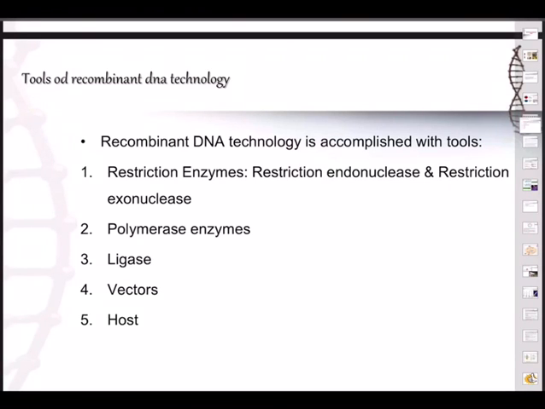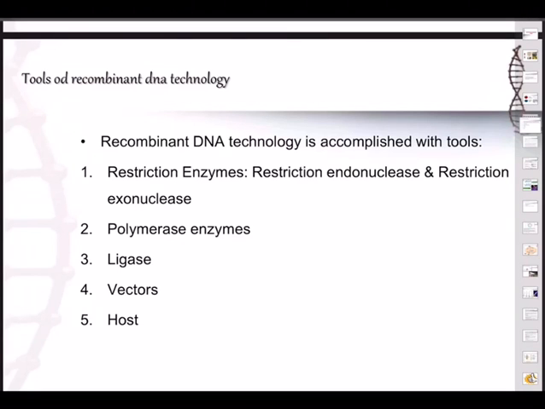Second, polymerase enzyme. Polymerase, that is, monomers are made to join together and produce polymers. Once the DNA monomer, the desired gene, is formed, the desired gene is to be increased in numbers. So polymerization is required. Then ligase: the desired gene is to be attached to the plasmid at the cut portion, so that exactly in that cut portion the desired gene is fitted, and that attachment is because of an enzyme called ligase.